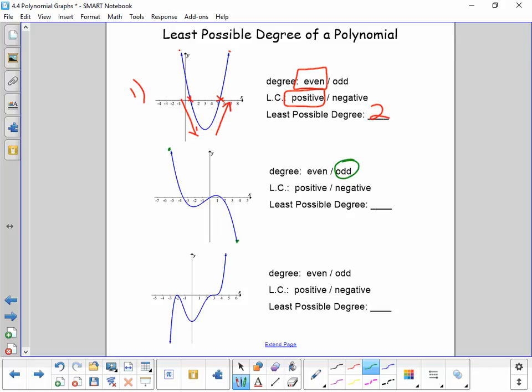And overall, the trend is that it's decreasing, so that is negative. The least possible degree, well, I see 1, 2, 3 intercepts, so it's got to be at least degree 3. You can also think about the turns. It goes down, and then up, and then down. It turns twice, so it's got to be degree 3.